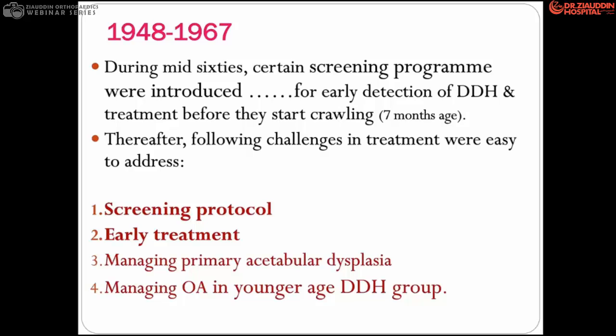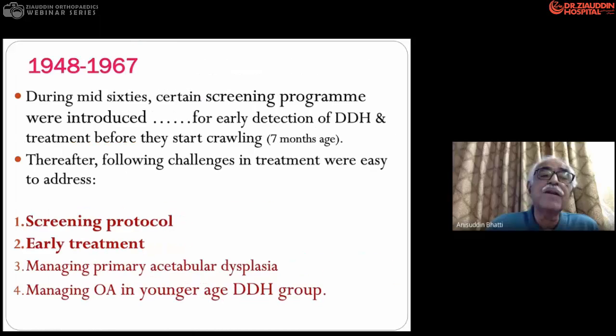Thereafter, when they developed the screening protocols, there were multiple challenges: which type of screening protocol, and when the screening should be done. Then there was early treatment, how to treat early. Injudicious treatment must not be done, because every suspected patient was being placed in braces and developing AVN. So they developed guidance on when and when not to give early treatment.